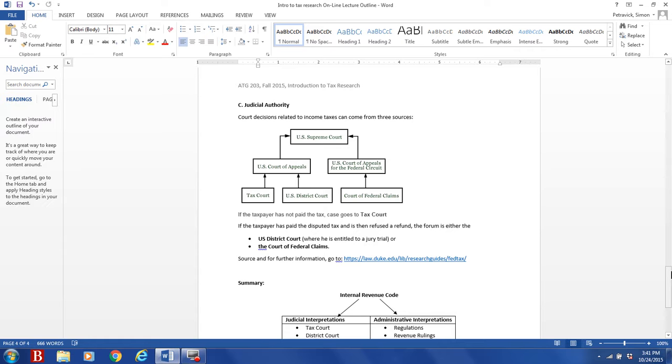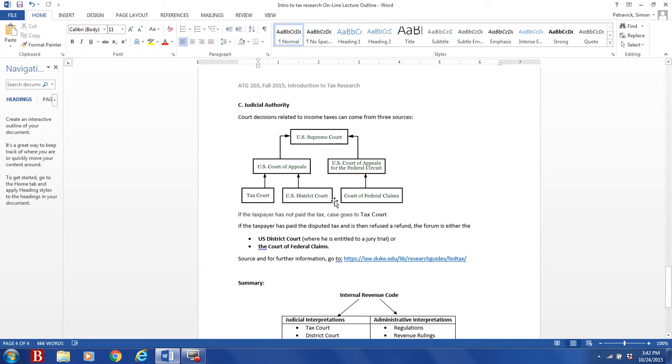As you look at this chart, there are 3 paths that a taxpayer can go, or that the IRS can go, in order to make a claim. Starting from the left, in the case of a taxpayer who has not paid tax, the IRS is going to go to an authority called the tax court in order to make its case that taxes are due.